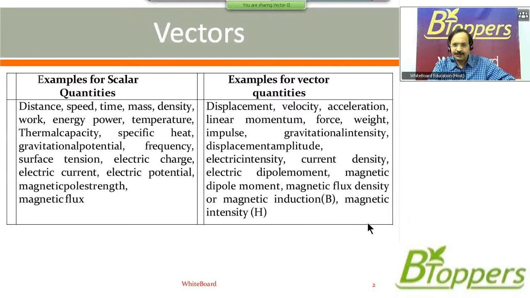Magnetic intensity is a vector quantity. So if you want to copy the list of these examples, you can take a pause and copy the examples. Now I am going to discuss some introduction part for vectors. After copying these examples, you can stop reading, just concentrate on listening and look at the screen.